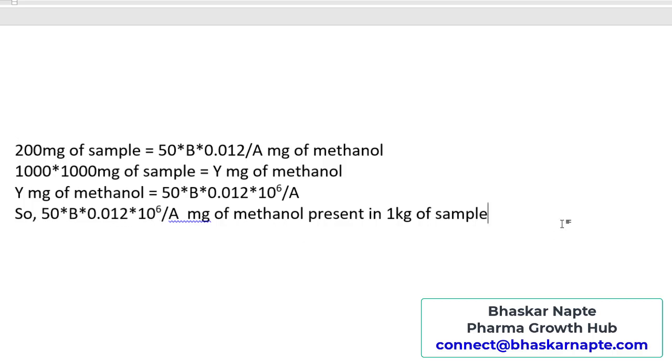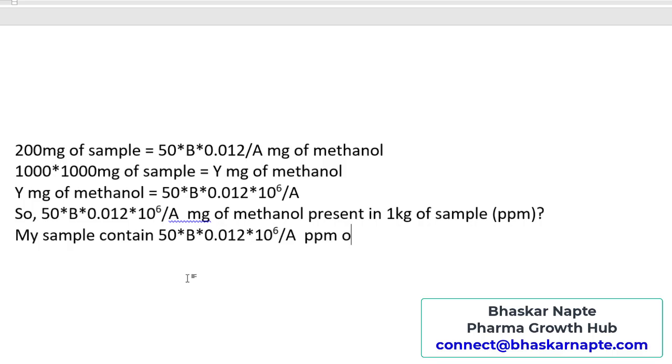Now can I say that this is nothing but the ppm? Because ppm is nothing but milligram per kg. So can I say that now my sample contains this ppm of methanol?